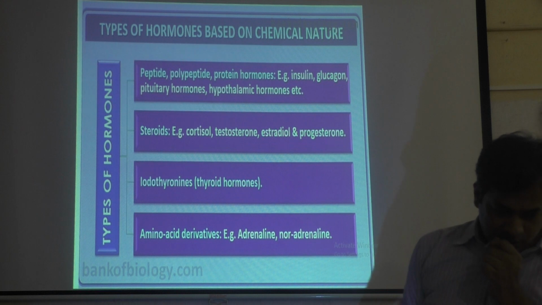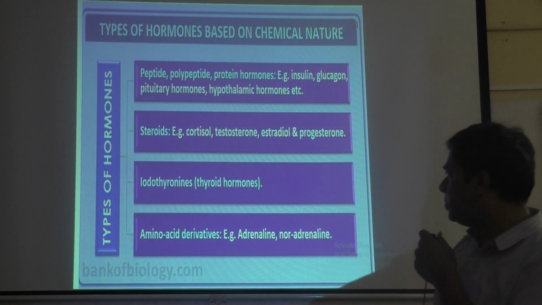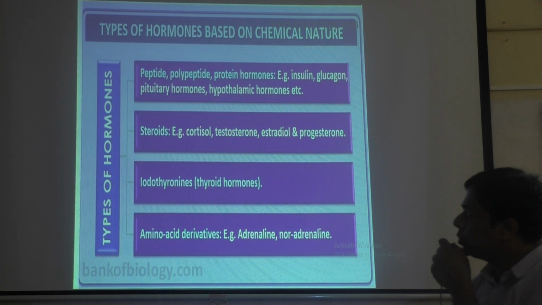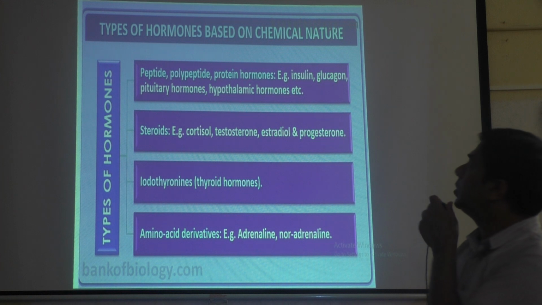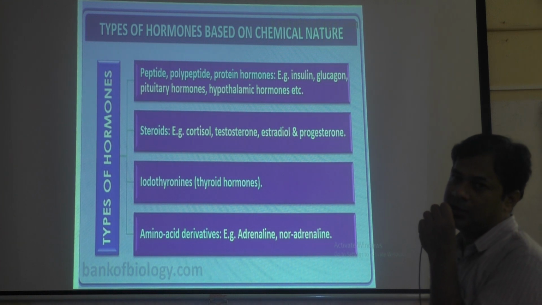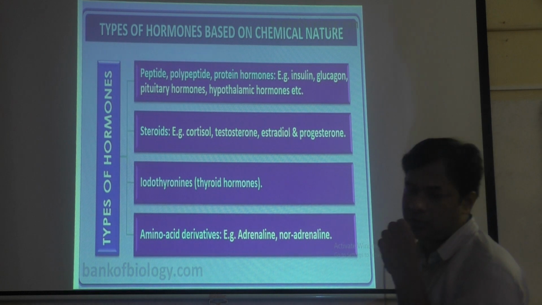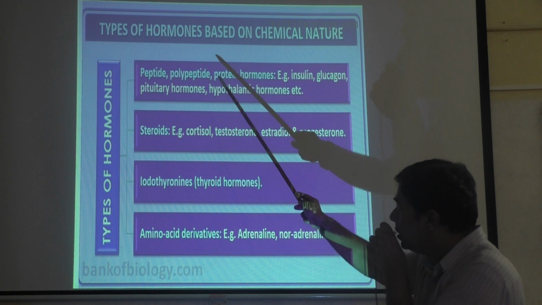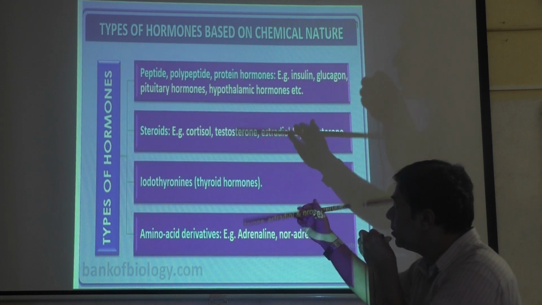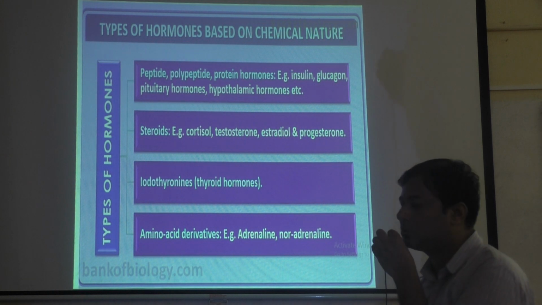Okay, so again hormones are classified into types. Hormones are classified into 4 types based on chemical nature. Like what type of chemicals are those hormones? Based on that, hormones are of 4 types. First one, peptide hormone or polypeptide hormone or protein hormones.